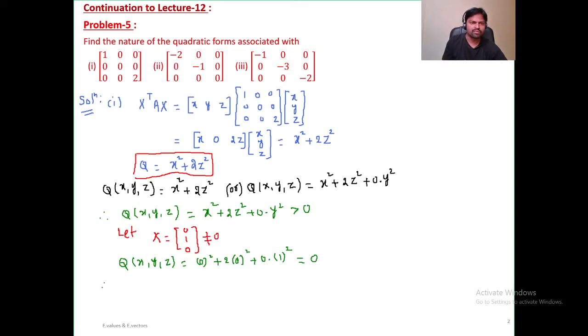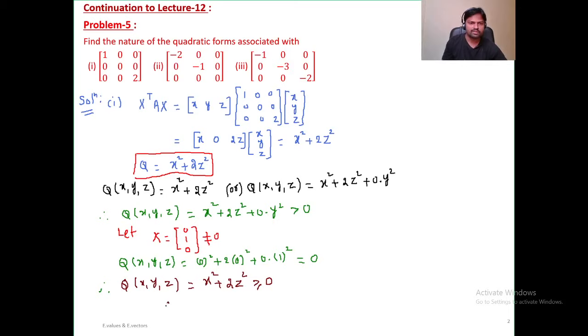So the final conclusion is that q of x comma y comma z, which is nothing but x square plus twice z square, is more than or equal to 0. For this vector it is equal to 0, and for all the remaining vectors it is more than 0.